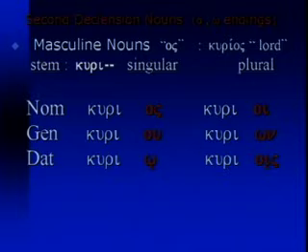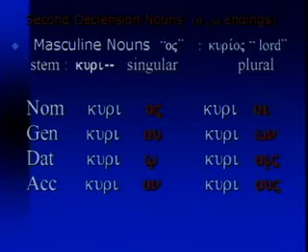For the dative case in the singular, it adds an omega with an iota subscript. In the plural, an omicron iota with an iota subscript and a sigma for its form. In the accusative, it adds the omicron nu ending to the kuri stem in the singular. In the plural, it adds the omicron upsilon sigma, us ending, to the kuri stem.